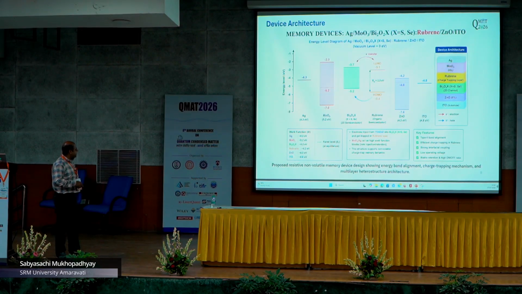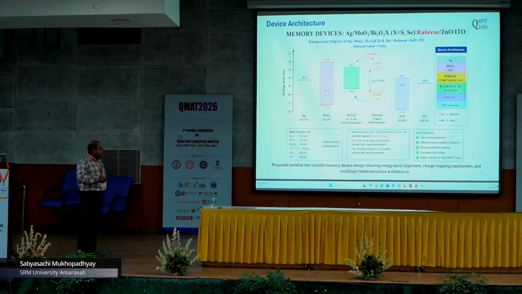So those are the work function and Fermi level, and what we expect is electron injection from the ITO/ZnO surfaces, and the molybdenum oxide and Ag will have a high work function which will block those electrons from coming to the surface. In that case, what will happen is we have charge localization at those interfaces which can be stored instead of applying bias. So this structure supports a non-volatile charge trap memory behavior where the charge will be stored in between the interfaces. So what is the alignment we have?